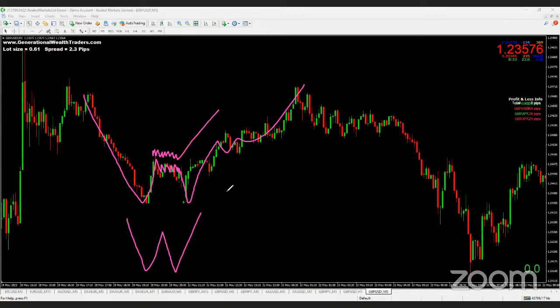But nevertheless, it's a W that you need to be able to spot. It's a W, and we're going to be going into the different nuances and variations shortly.